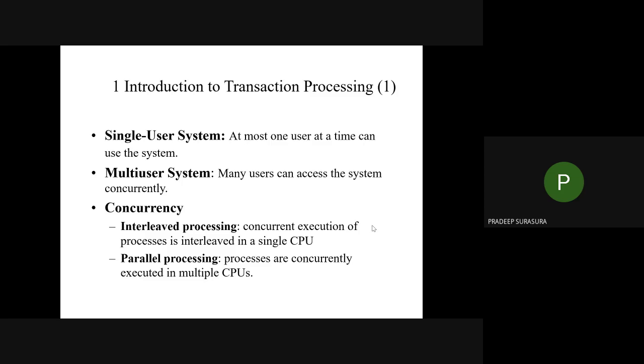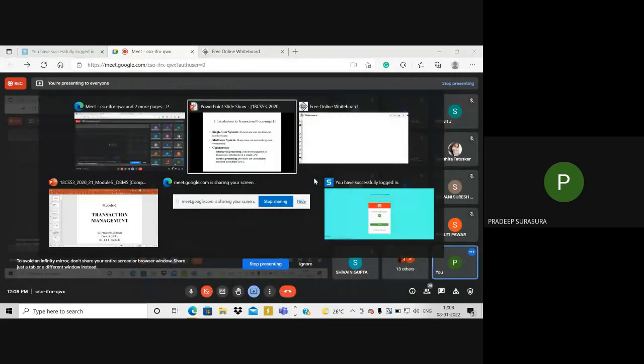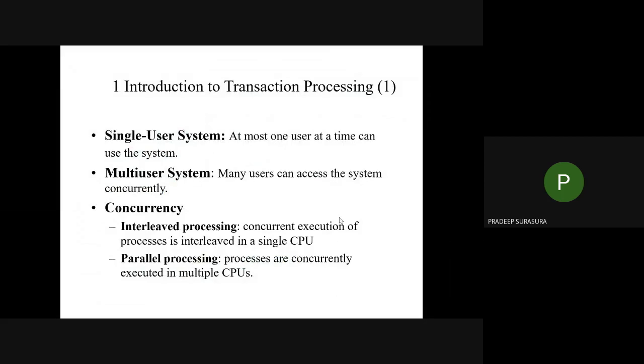Object means reading a particular account number or updating some data in the account number, all that will fall in your transaction.